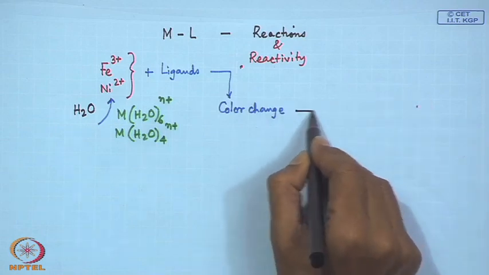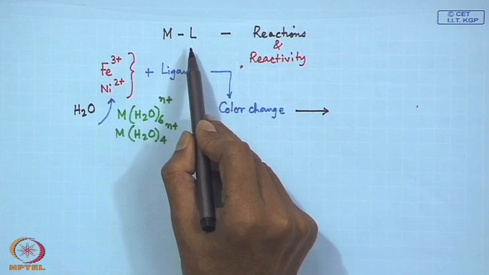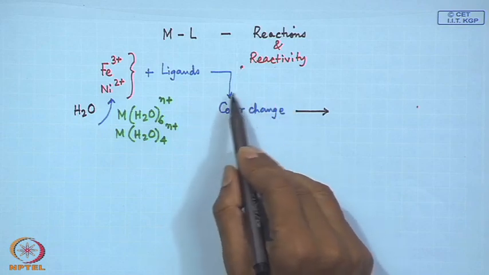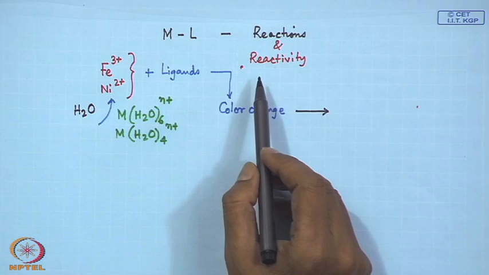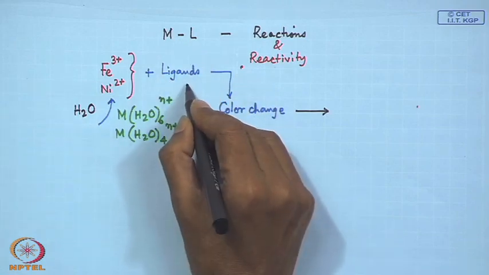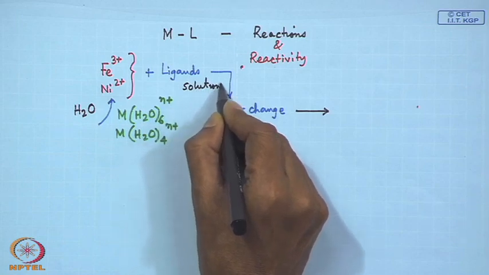So, we see some color change, that means the metal ion is reacting with the ligand and we get the corresponding interaction of the metal with our ligand. And if there is a solubility difference, the nature of the complex and the ligand can also tell us what type of solution we should use for the ligands.